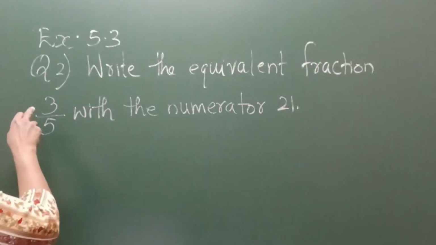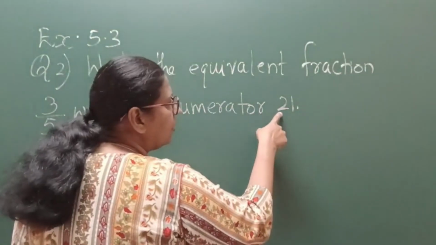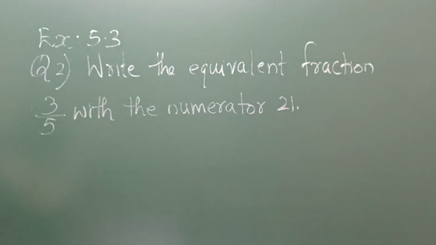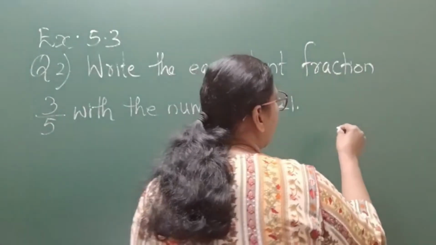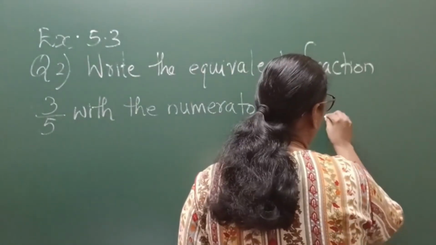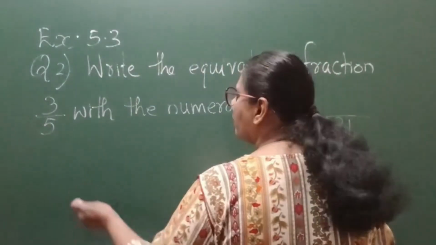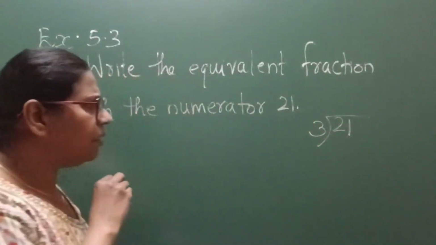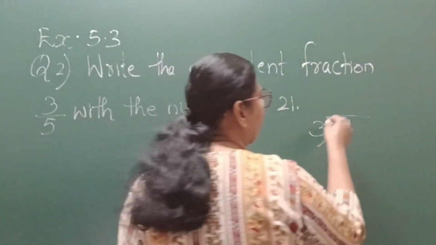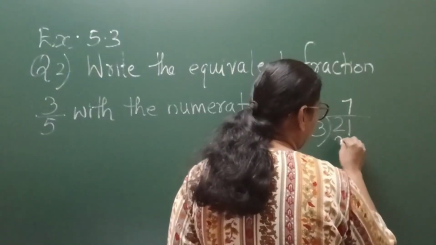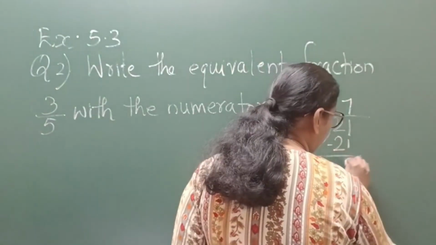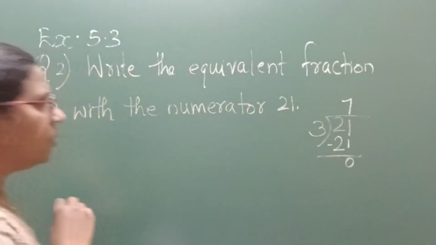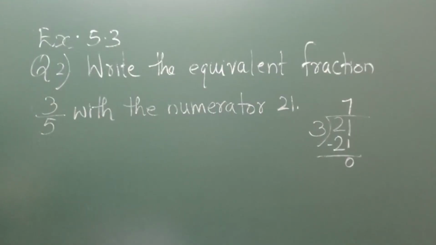By this numerator we divide, then we get a factor. Let's find out 21 divided by this numerator, that is 3. Now we know that 3 sevens are 21. So 7 is the factor.